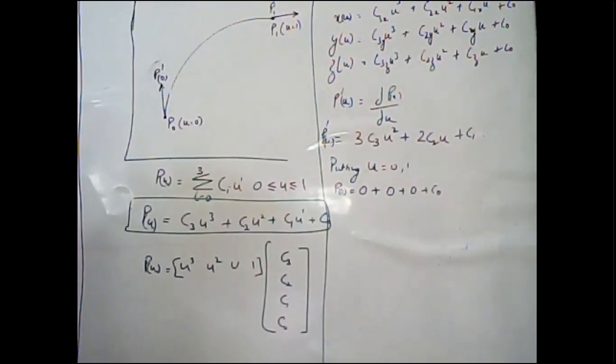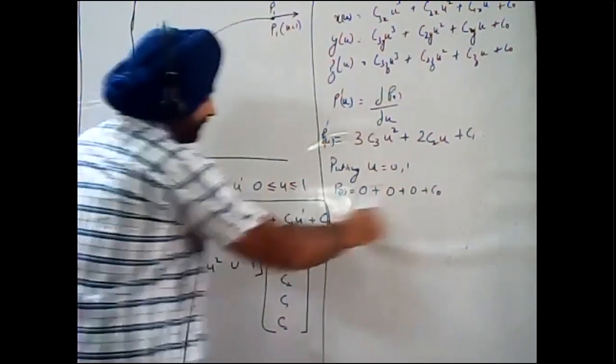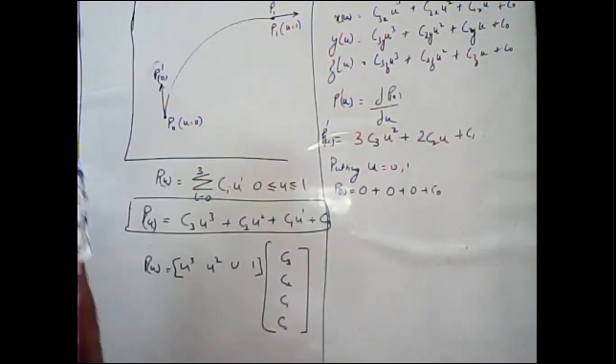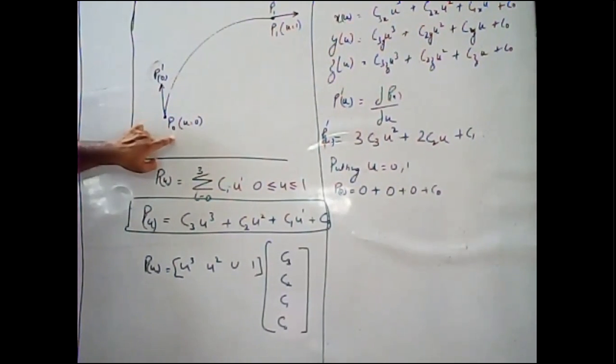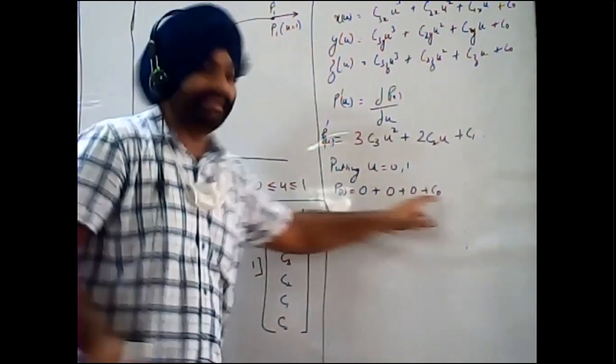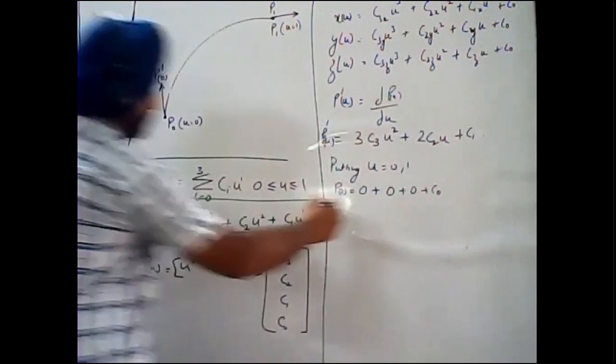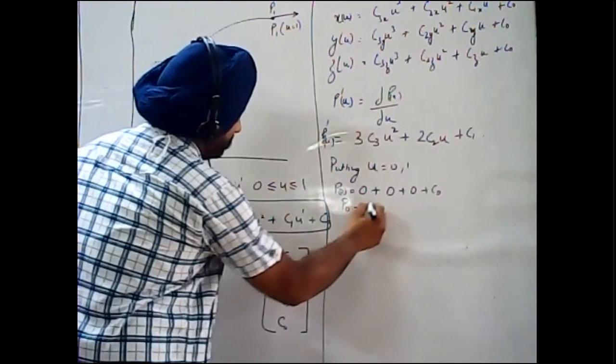You can calculate from this that P naught is equal to C naught. At this end, your value of P naught is equal to C naught. Right? P naught is equal to C naught.